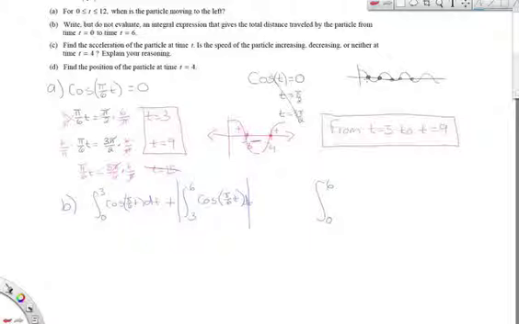So I took all the negative parts and I made them positive. The other way to do that would be just to take the absolute value of velocity. Oops, that's the absolute value sign. And that would do the same thing. So either of these should be fine.